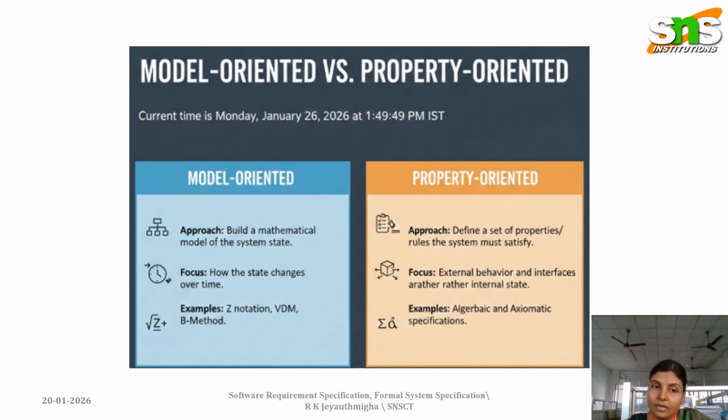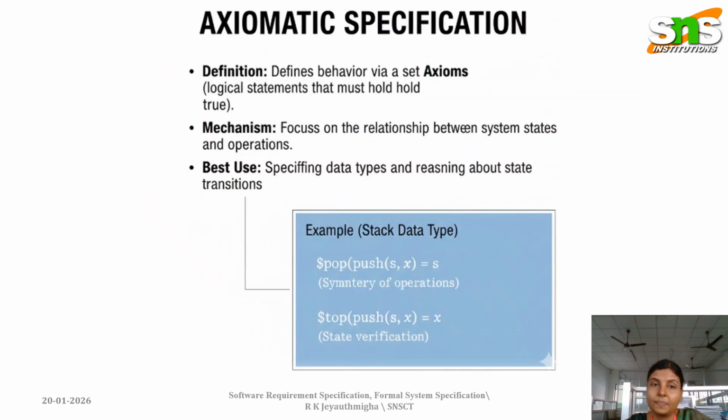Examples of model-oriented approaches are the Z notation, VDM, and B method. And property-oriented method examples are algebraic and axiomatic specifications.